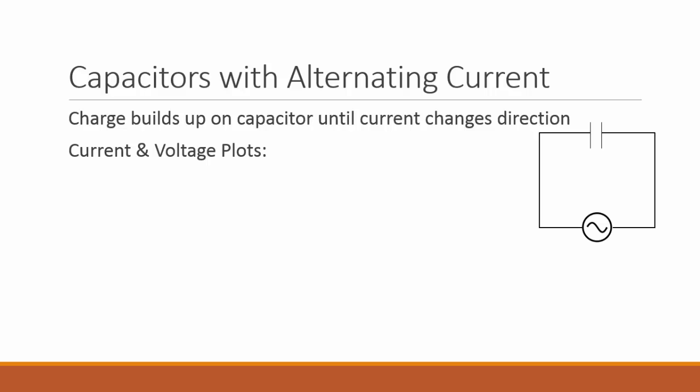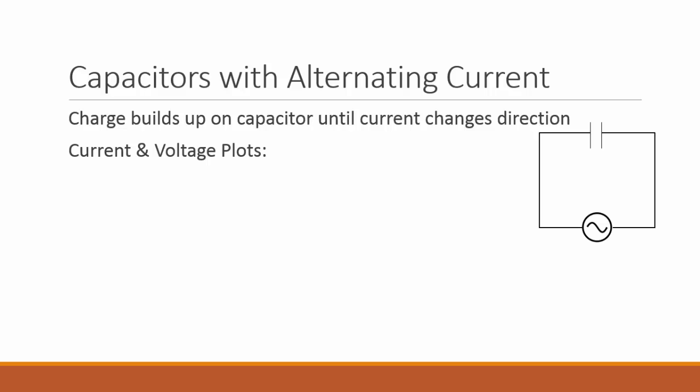So what we're going to do is imagine we just hooked up a capacitor to this AC power supply, meaning that the EMF of this symbol here varies like a sine wave. What this will do is cause a current to flow through the circuit that will also vary like a sine wave.